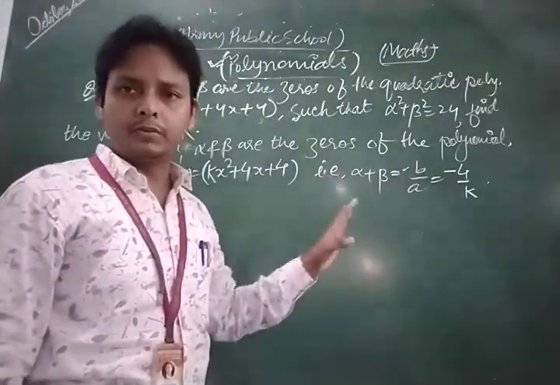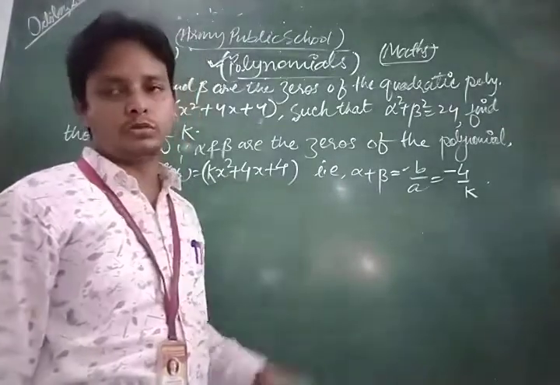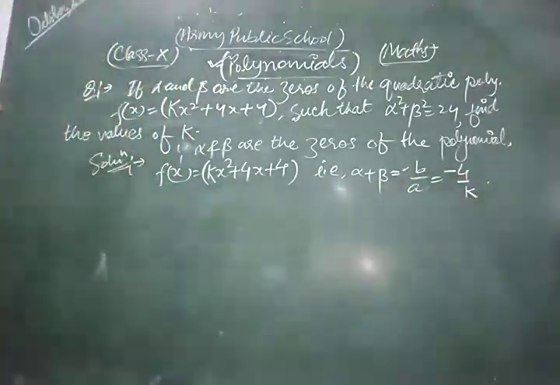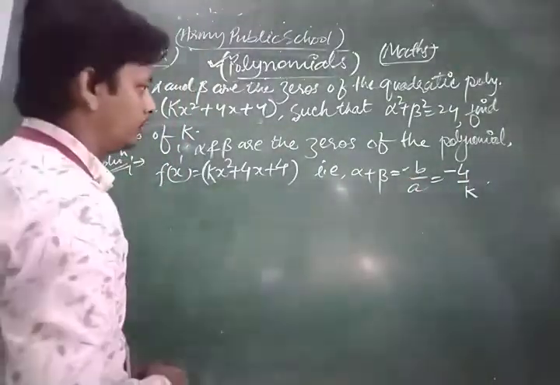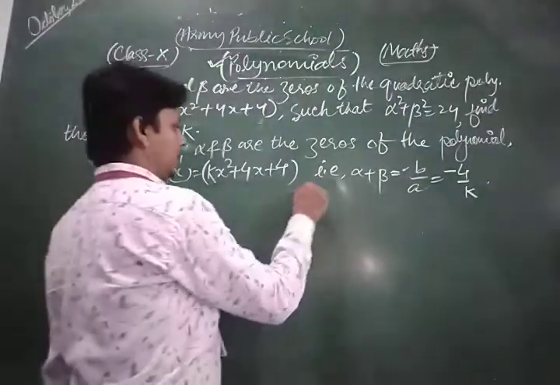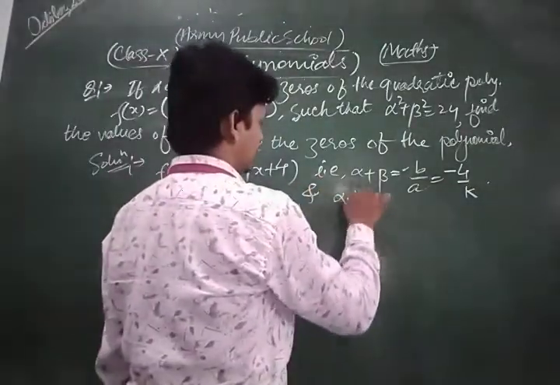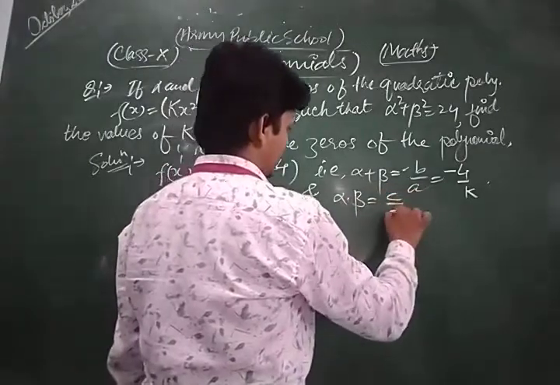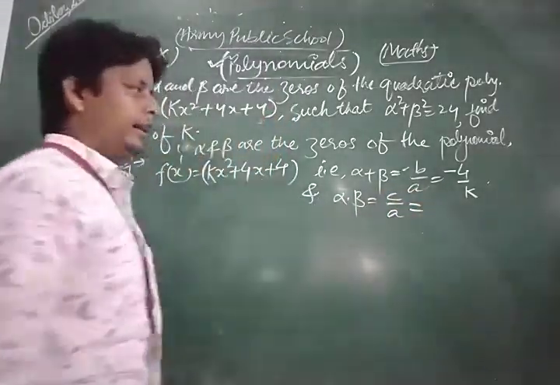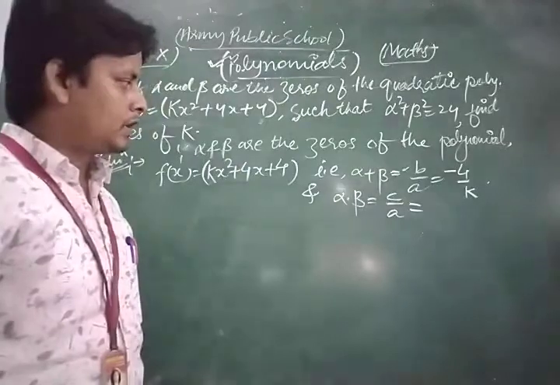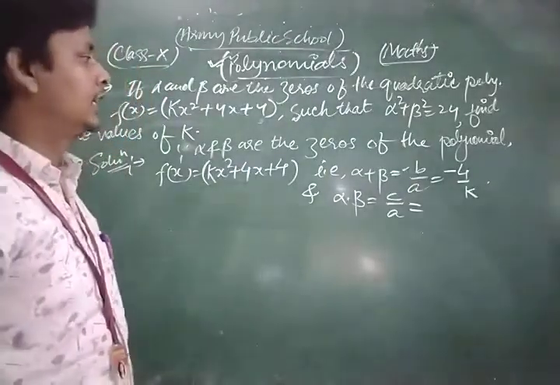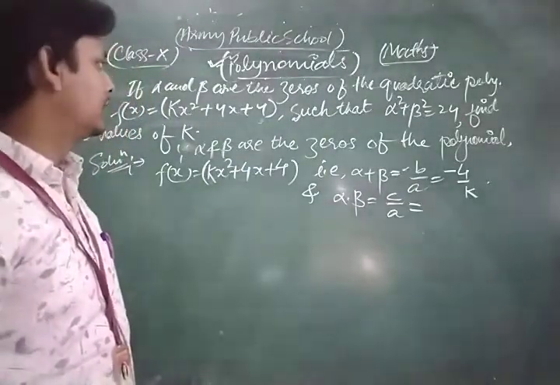So alpha plus beta is equal to minus b upon a, which is minus 4 upon k. Now the product of zeros, alpha into beta, is equal to c upon a.